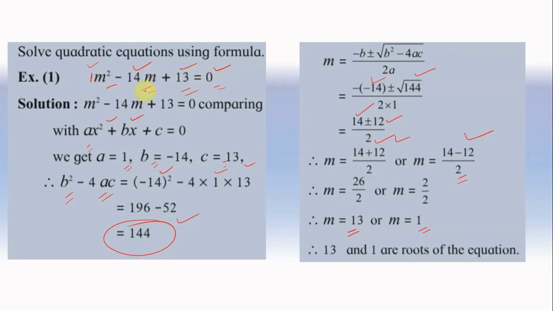So without using splitting the middle term or the factorization method, without the squaring method or any other method that we know already, we have used the formula directly in order to solve a quadratic equation. This is a simple equation. Sometimes it can be a little more complicated, but the formula will serve the purpose.